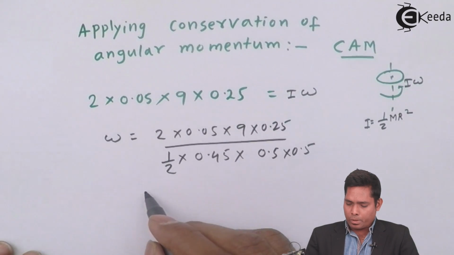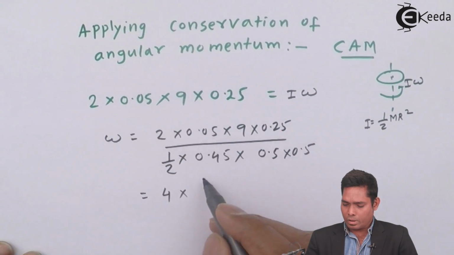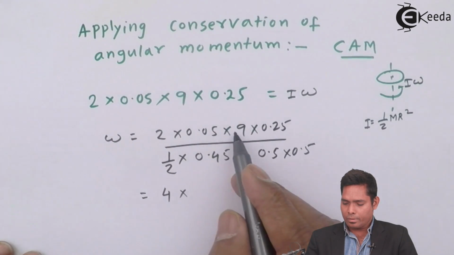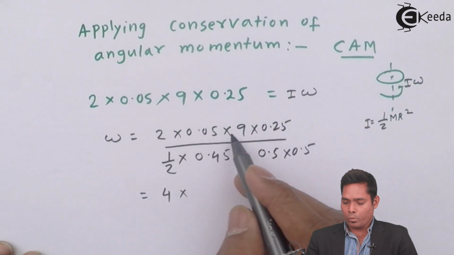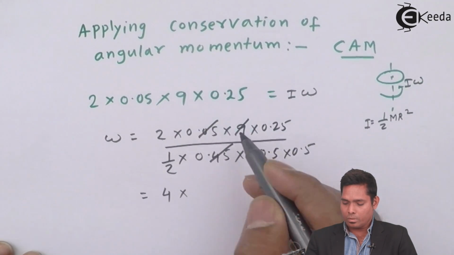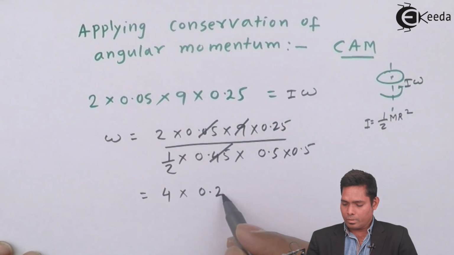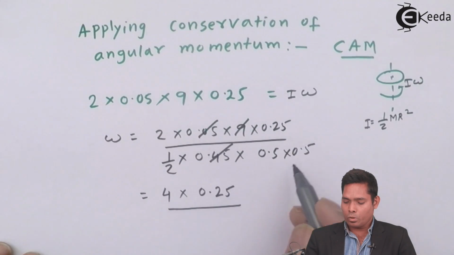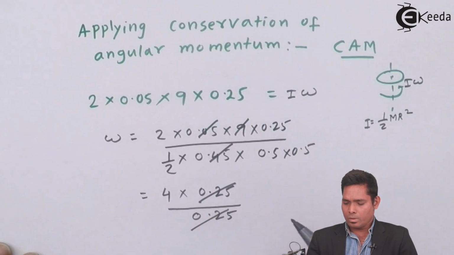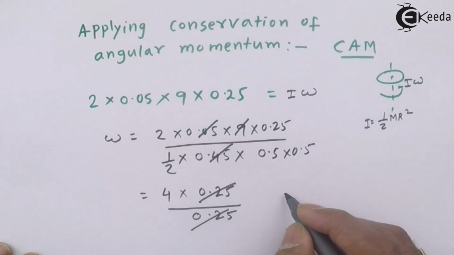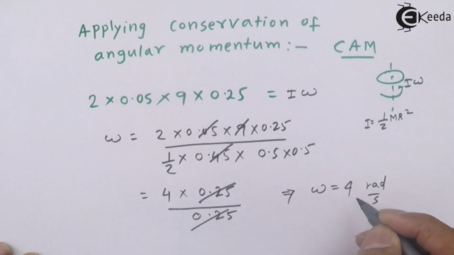The 2 and the half cancel, this becomes 4, and 0.05 times 9 is 0.45. The 0.45 cancels out, and the 0.25 also cancels out, and omega comes out to be 4 radian per second.